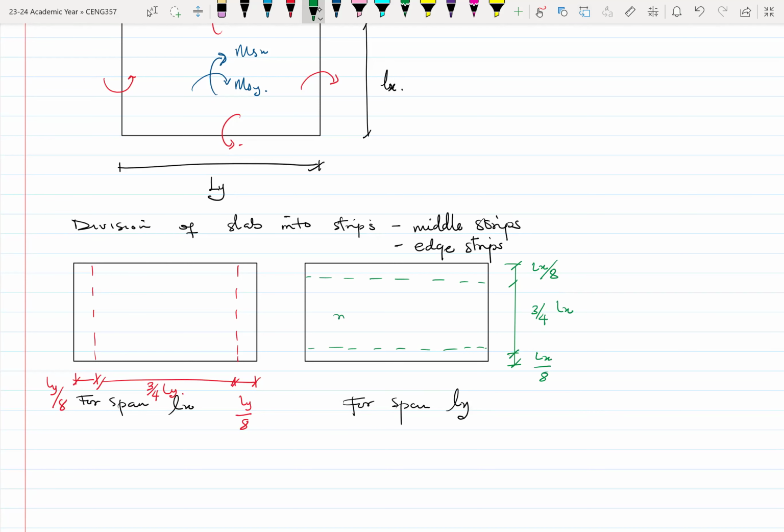So here's your middle strip, and here you have your edge strip. Again, middle strip, then here is your edge strip.